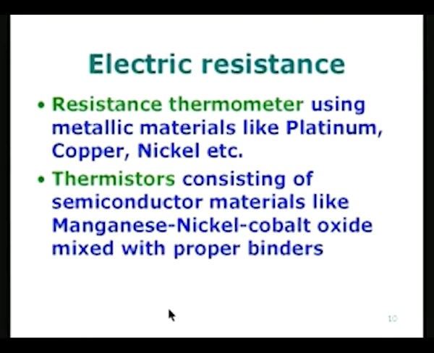The next one is the use of electrical resistance as the thermometric property. There are 2 types of electrical resistance thermometers. The number 1 is resistance thermometer, which uses materials like platinum, copper, nickel, etc. If you take an element of copper, a platinum in the form of a coil, and change the temperature of the coil by subjecting it to an environment of whatever temperature we want to measure, the resistance changes with temperature.